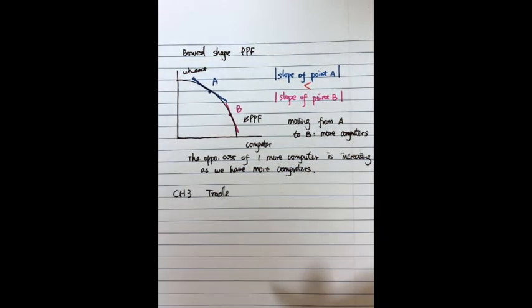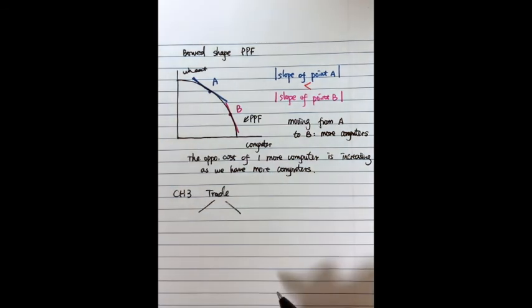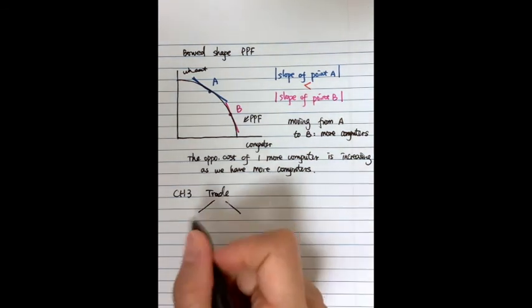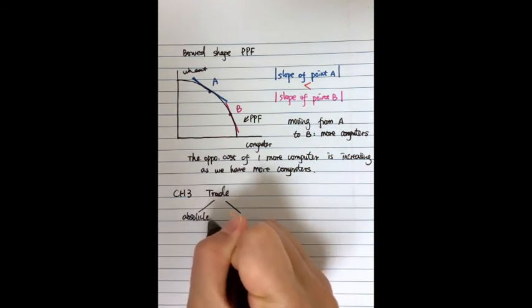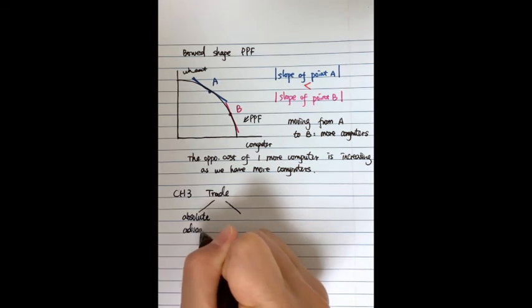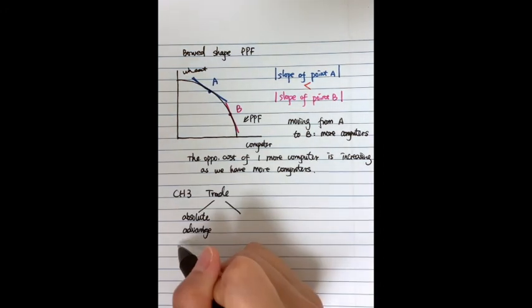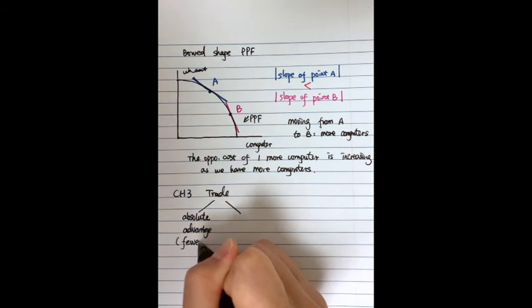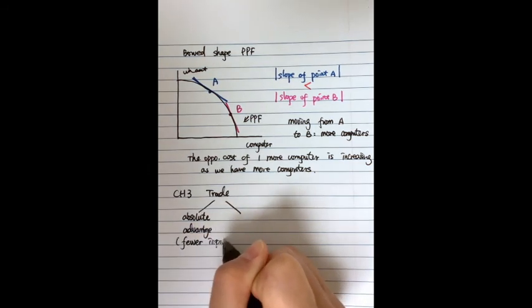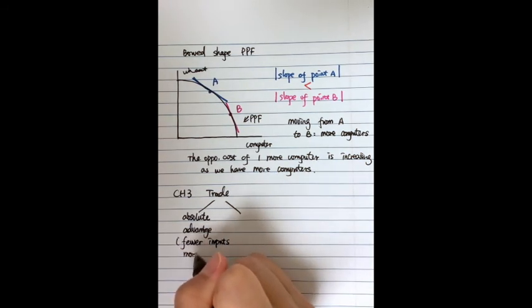So for trade, you need to distinguish 2 important advantages, right? The first one is absolute advantage. According to our textbook's definition, it means fewer inputs, or we can also say probably more outputs.